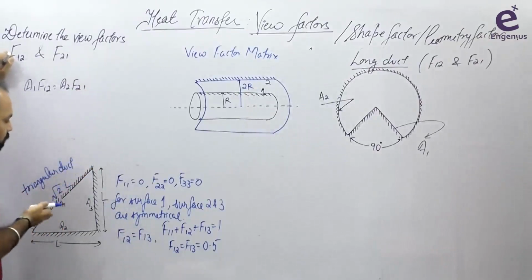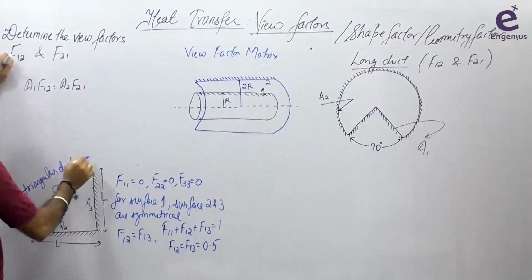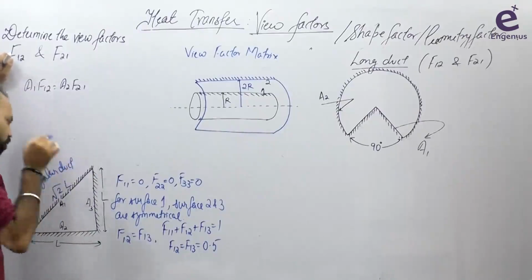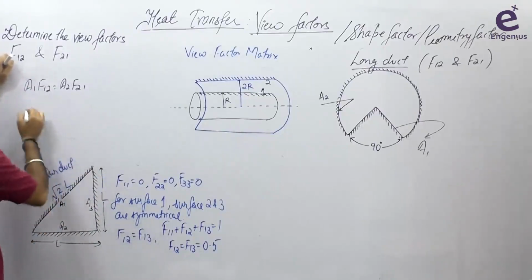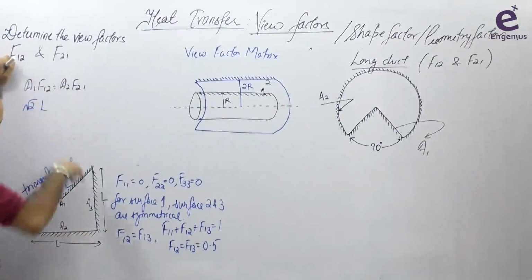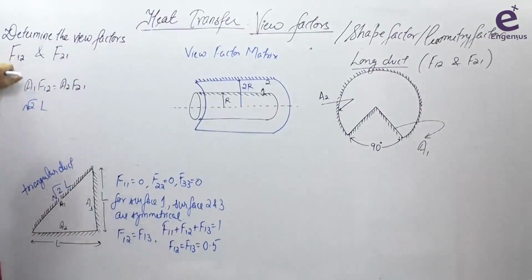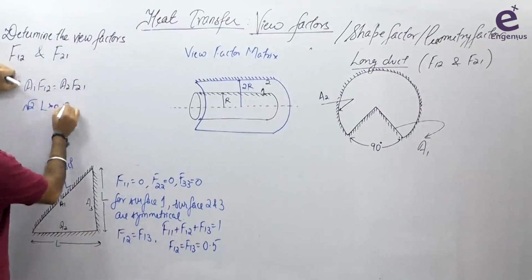This is a duct. Duct is made up of rectangular plates. So this area will be this side into the length inside the board. Take that length as unity, it makes no difference, it will cancel. So take the area as √2 multiplied by 1. So √2 multiplied by 1, that is the area 1. And F12, what is F12? 0.5 is equal to A2.